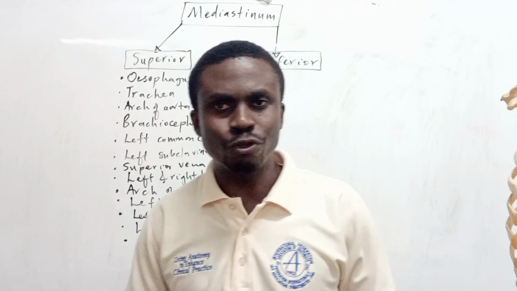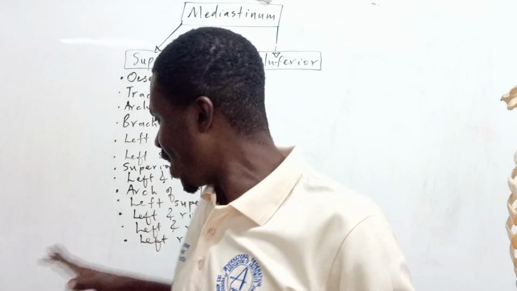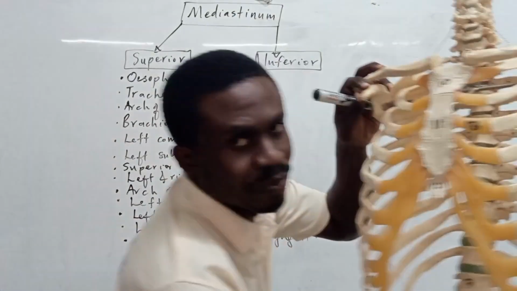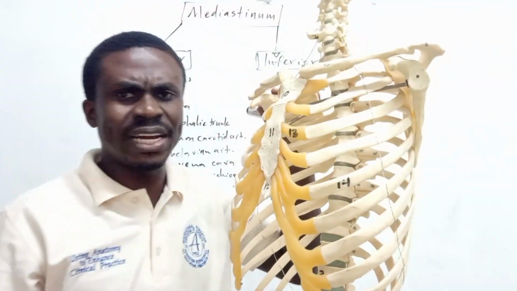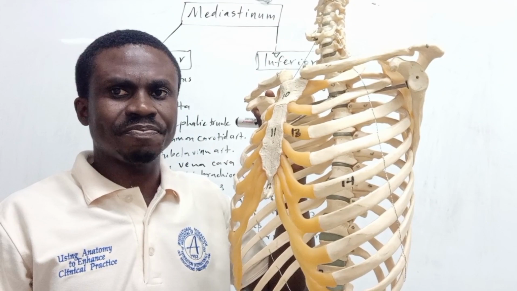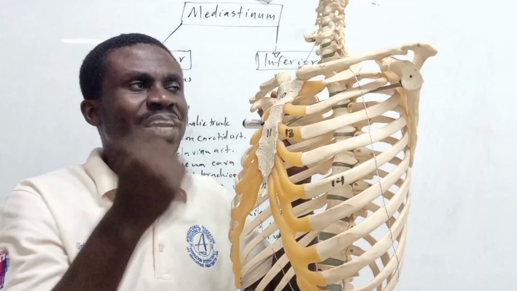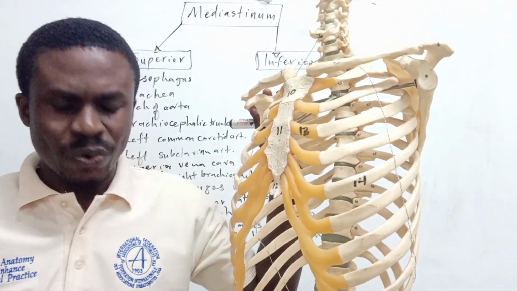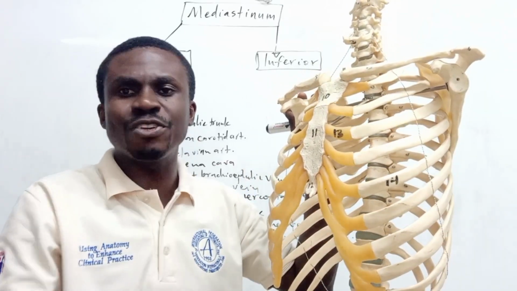Now, one thing too that I want you to know is that there are two muscles that take attachment on the posterior aspect of the manubrium of the sternum. One of those muscles is what we call the sternothyroid. On the thyroid cartilage there is a line which we call the oblique line, and it attaches over there.